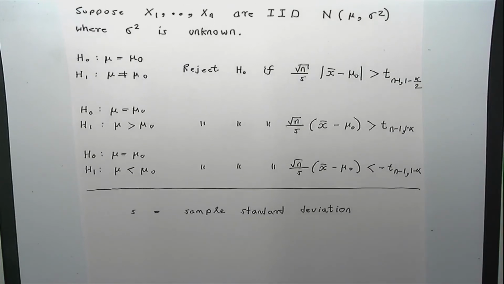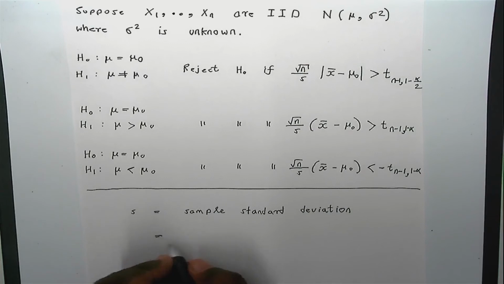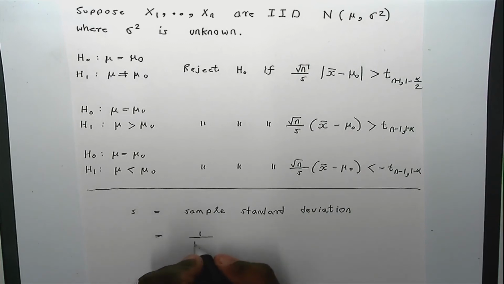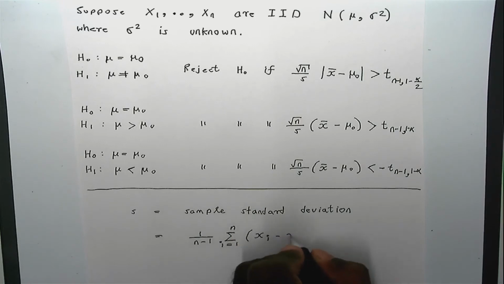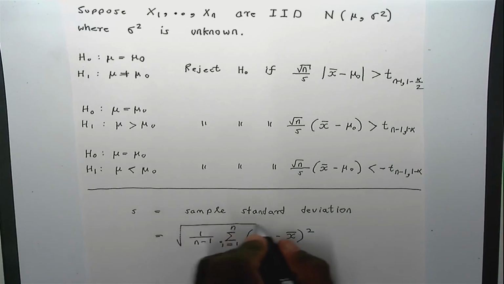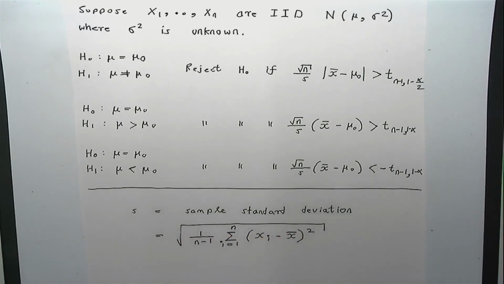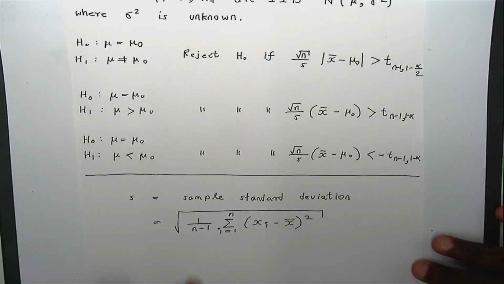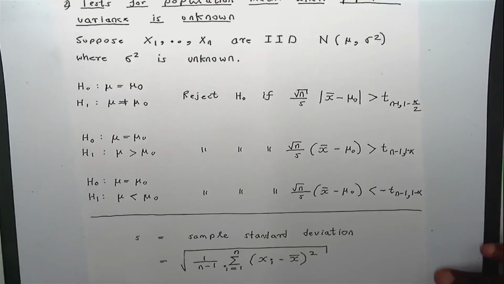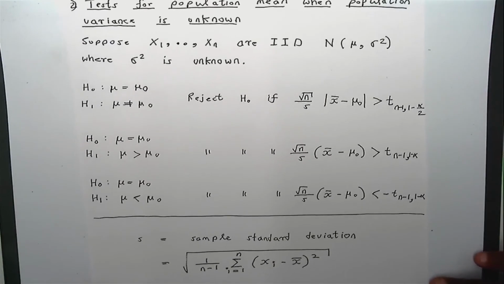And is given by the following formula. Okay, so this completes the case of testing for population mean when the population variance is unknown.